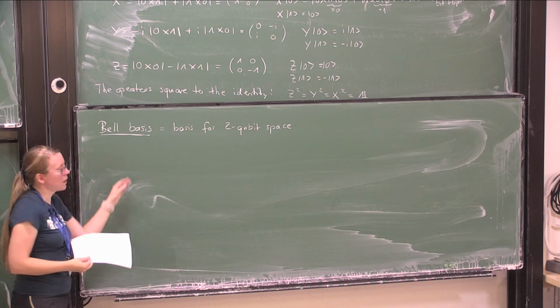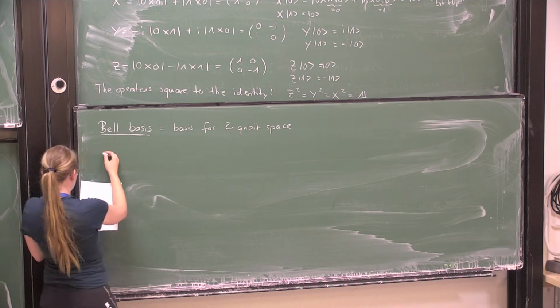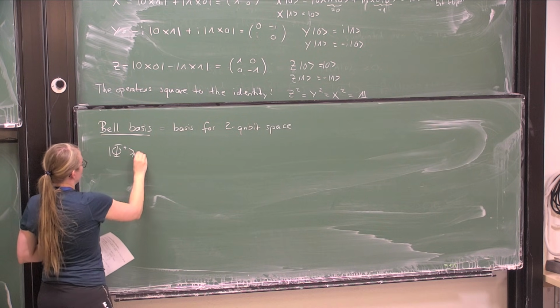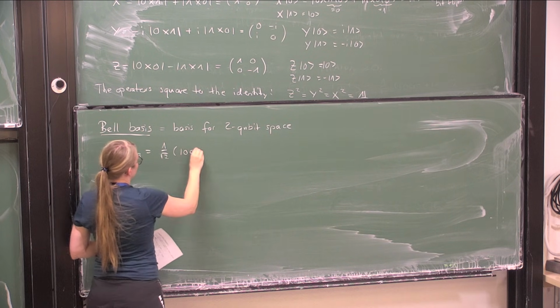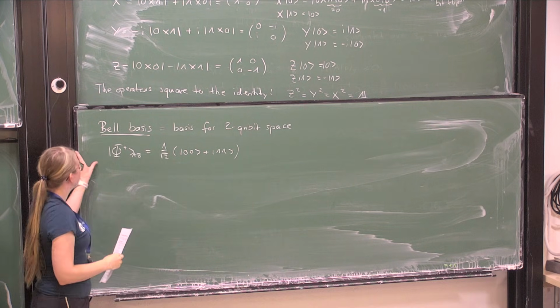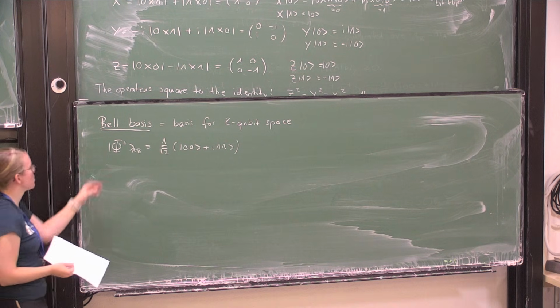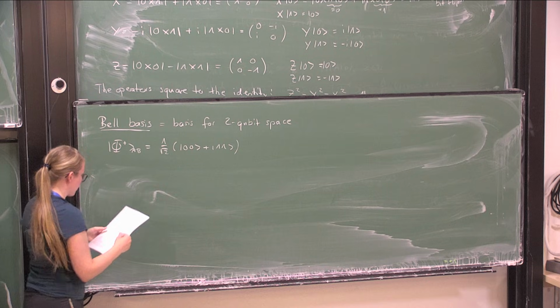One basis state is the one that I've already used in several examples. That is this phi plus state. 0, 0, plus 1, 1. Now we can construct the other basis states by starting from this state and just applying Pauli operators to it.